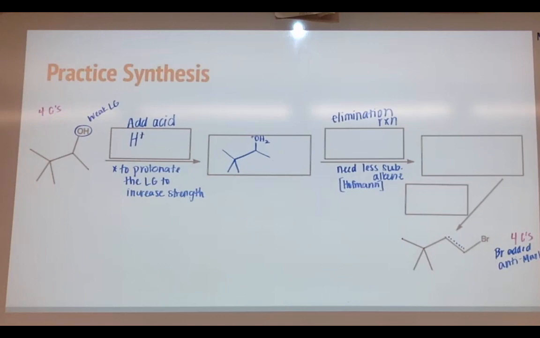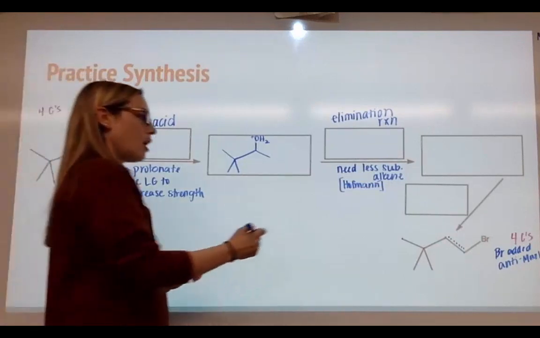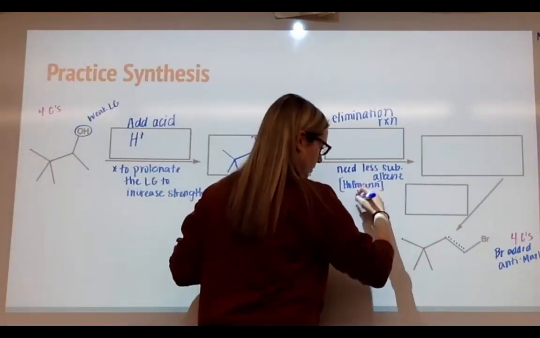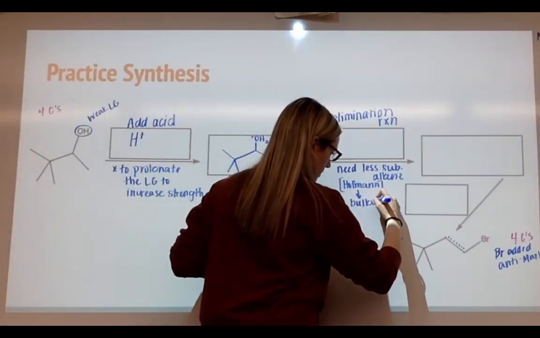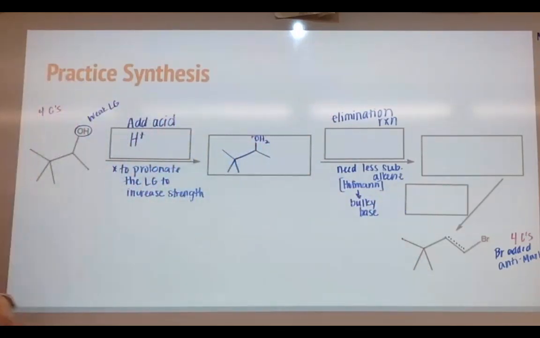Hoffman product forms when we use a bulky base, or a strong non-nucleophilic base. It's going to undergo an E2 reaction.